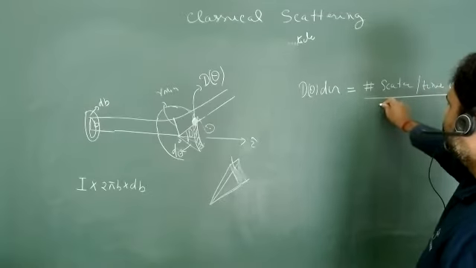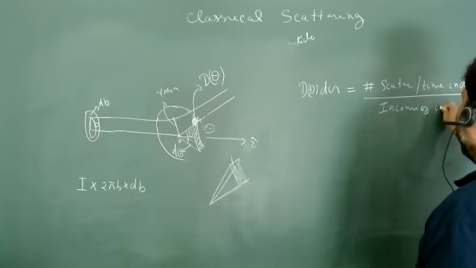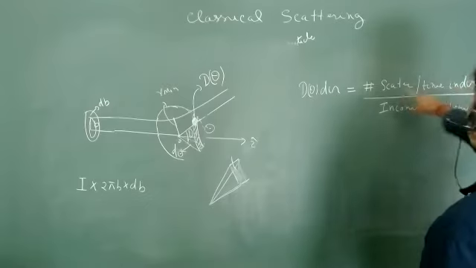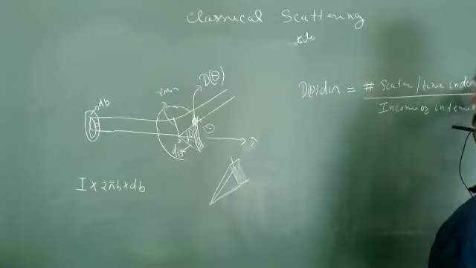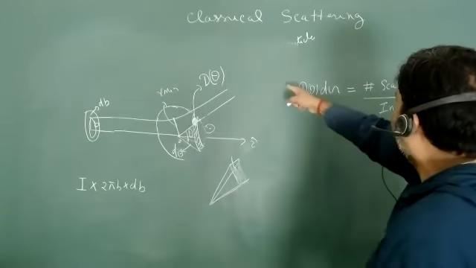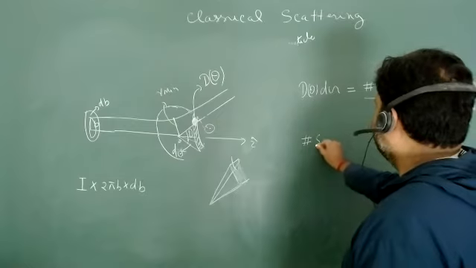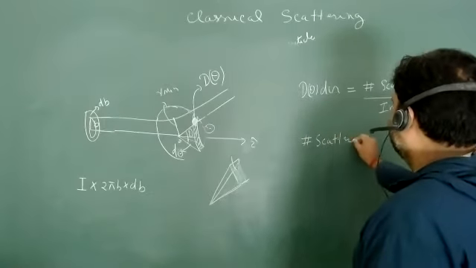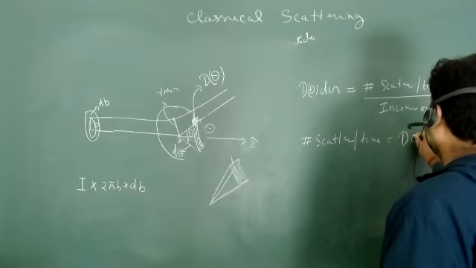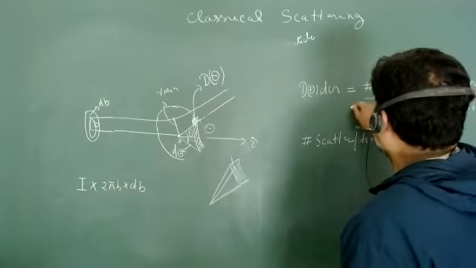So the number of particles per unit time in the angle d omega can be written as d theta d omega into I. So the number of particles scattered per unit time is equal to d theta d omega into I, where I is the intensity.